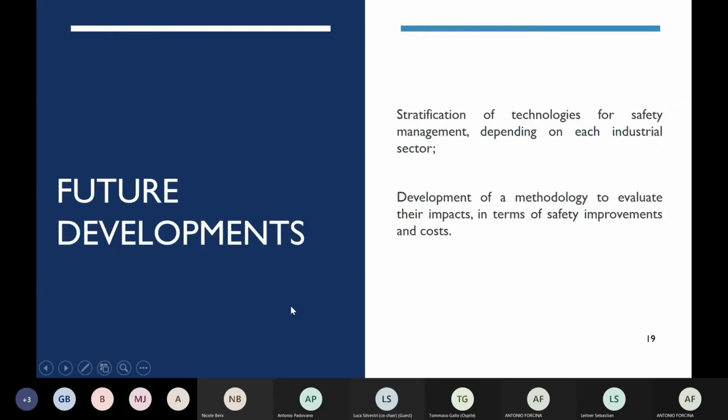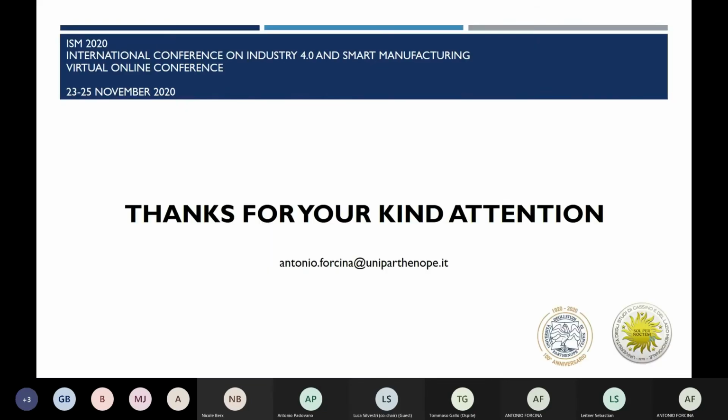What about future developments? The future developments of this research consist in a stratification of technologies depending on each industrial sector, and moreover, in the development of a method to evaluate the impacts of the technologies in terms of safety improvements and costs. Thank you for your attention.